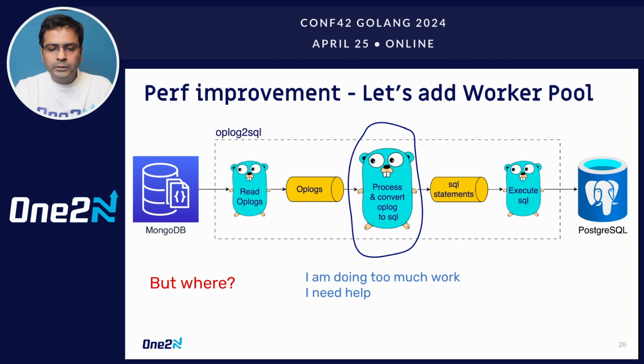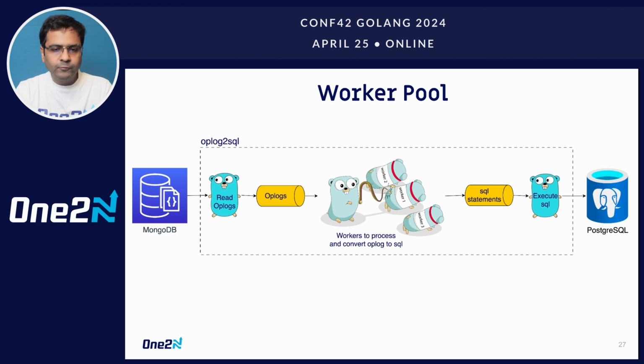Well, typically the process and convert oplog to SQL Go routine seems like it's doing too much work and could use some help. So let's modify the program to add worker pools. What we have done in this case is we are reading the oplogs in a single Go routine and pushing them into the oplogs channel. From there, we have an orchestration where we are creating n number of worker Go routines to process these oplogs concurrently.